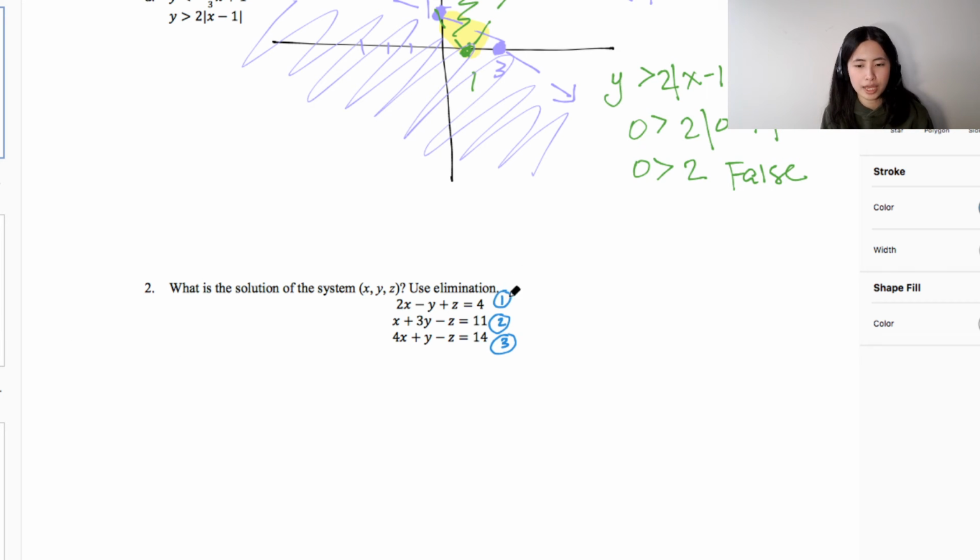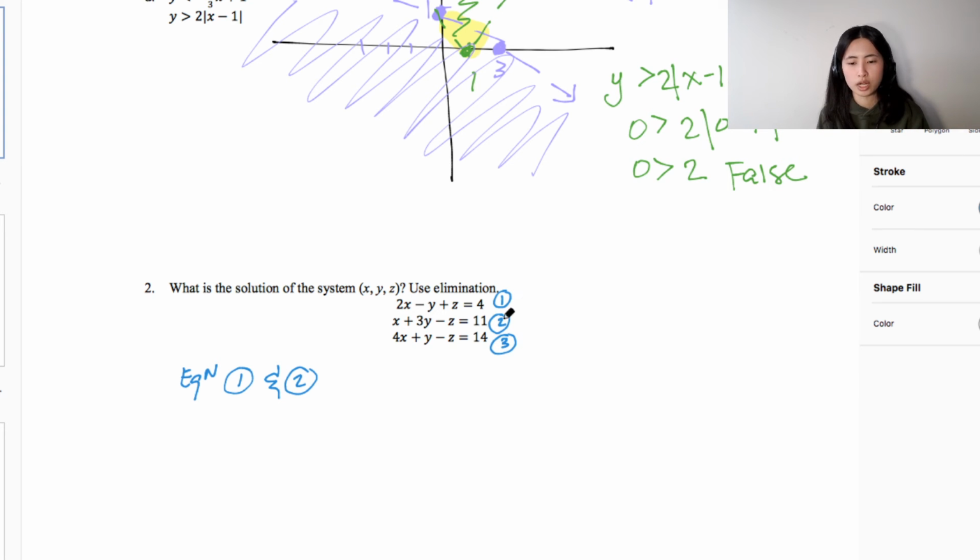So let's say I'm picking equations 1 and 2. In short, you cannot repeatedly use the same two equations. Once I've used 1 and 2, I can only use 1 and 3 next, or 2 and 3.